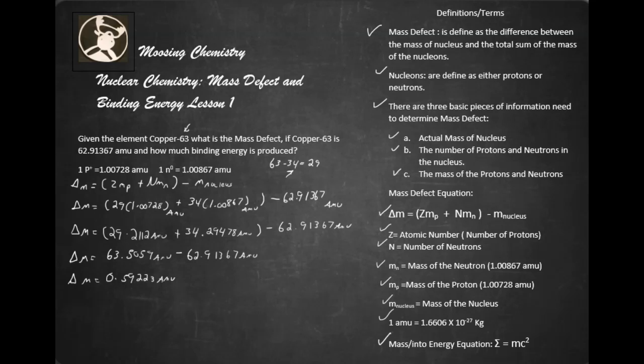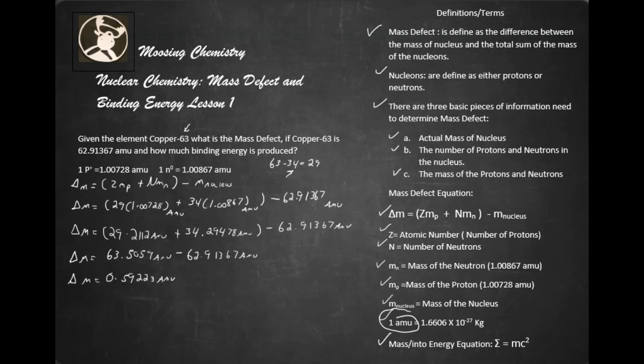So now to determine the binding energy, the first thing we have to do is take that mass defect, which is in AMU, and convert it into kilograms. We know that 1 AMU is equal to 1.6606 times 10 to the negative 27 kilograms.